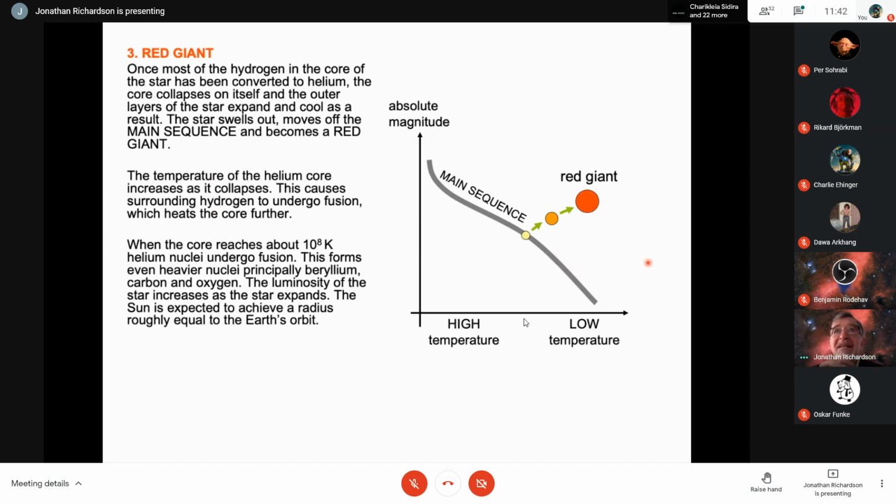The sun would expect to achieve this phase in around 4.5 to 5 billion years' time. And it will achieve an orbit or size which is going to be something equal to or just above the Earth's orbit.